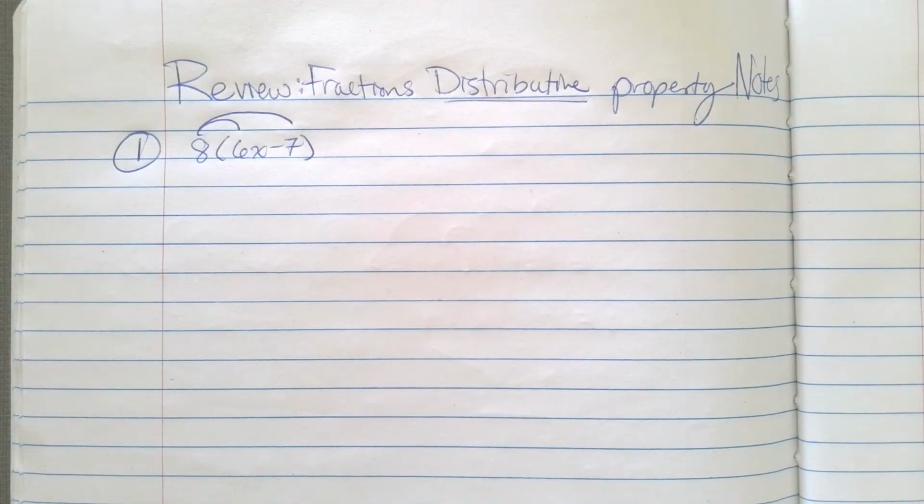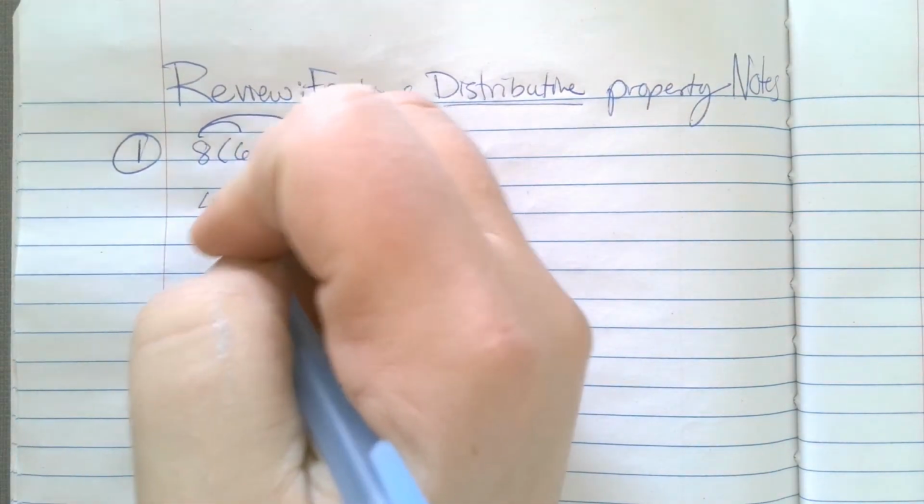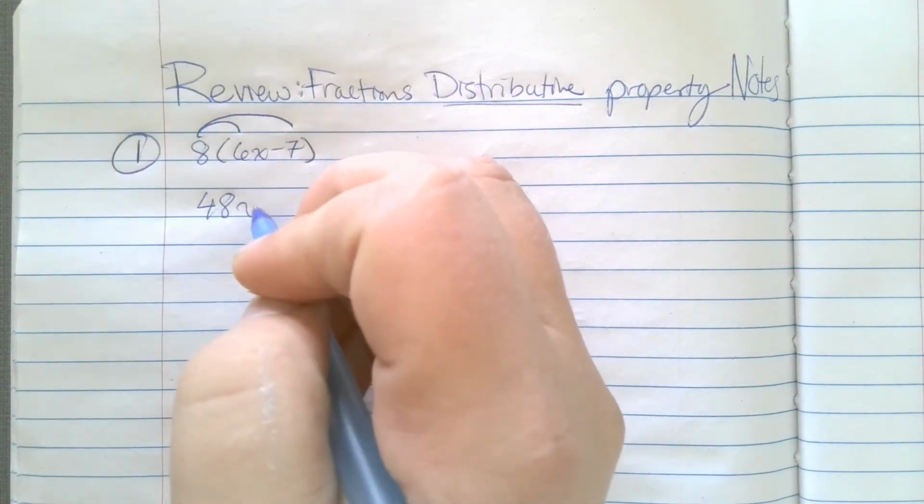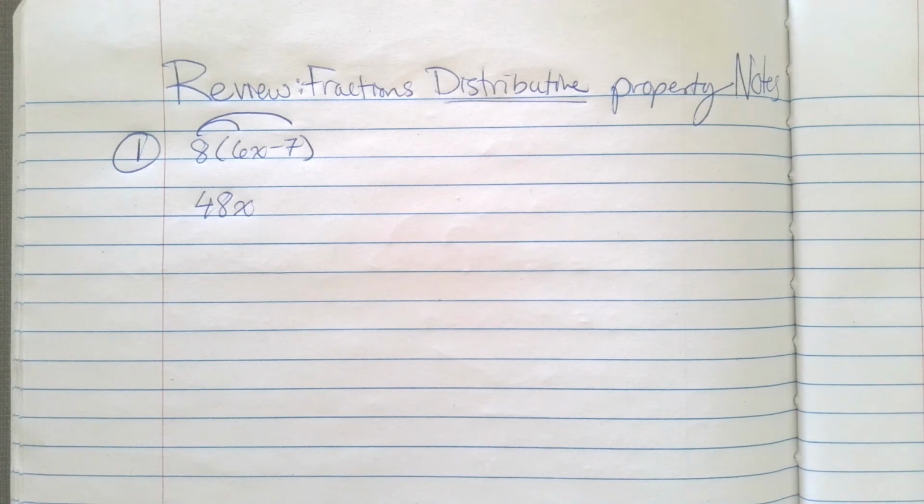Marvin, what's 8 times 6x? 48. 48 what? 48x. Good. Raul, 8 times negative 7. Negative 56.